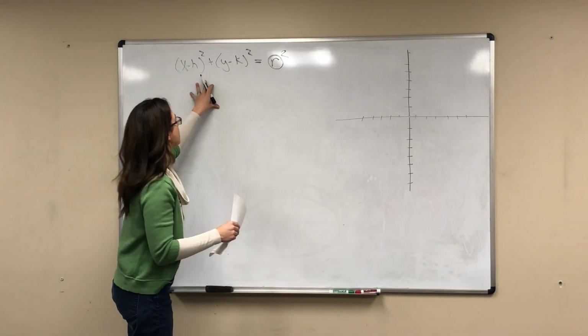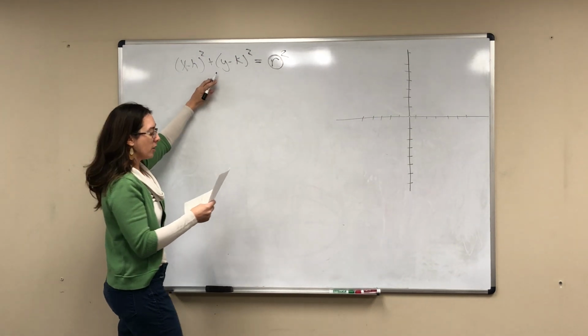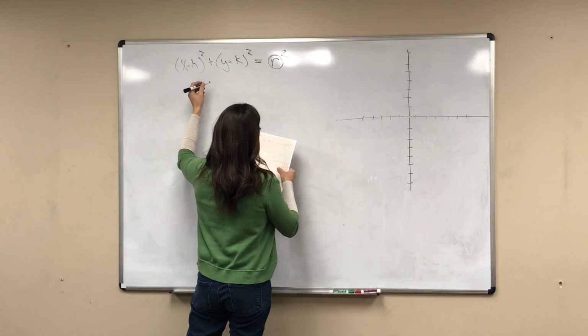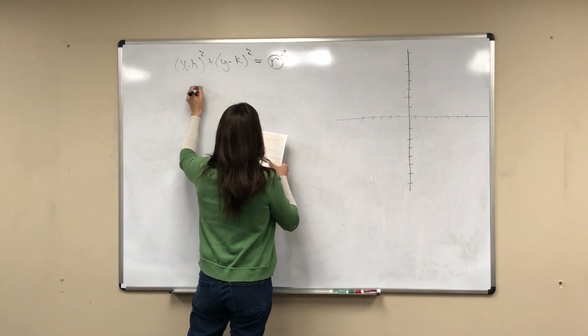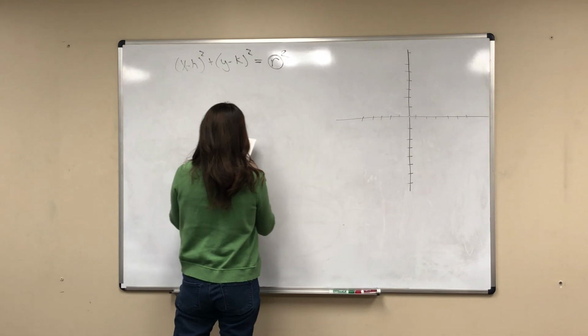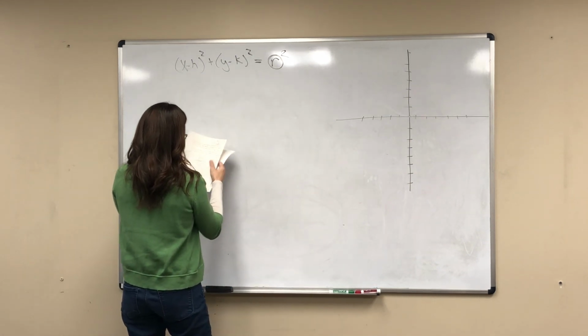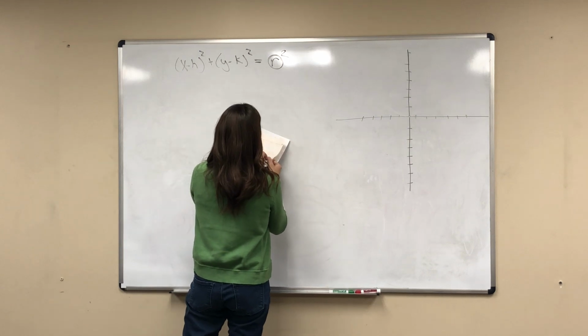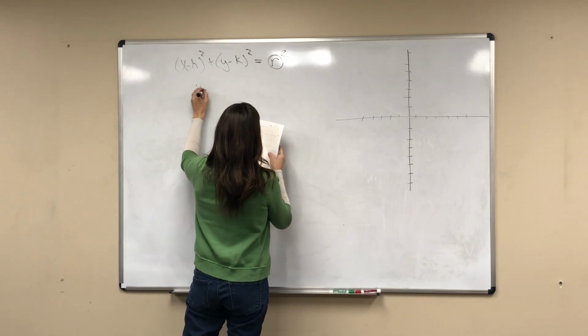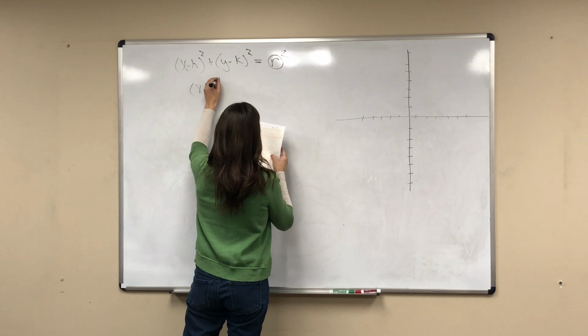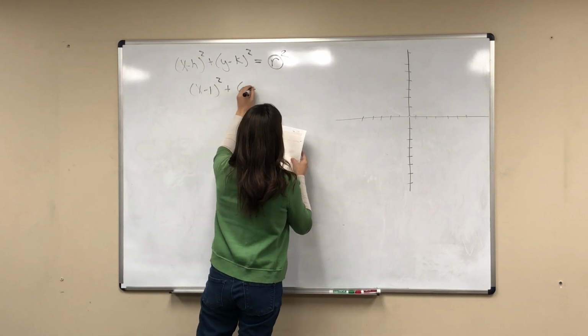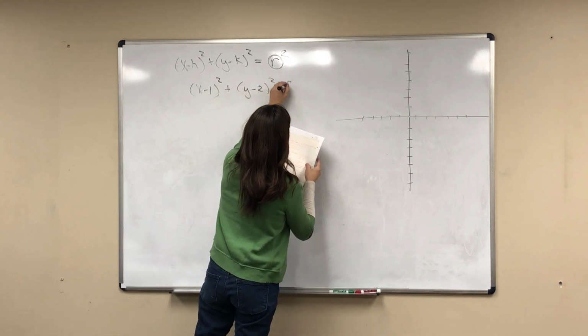So same with our equations for our circle. So if we have this other one: x minus 1 squared plus y minus 2 squared equals 5 squared.